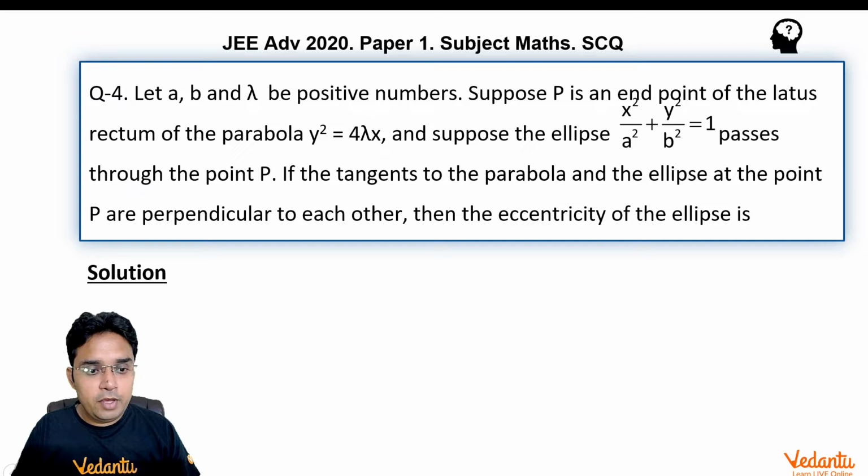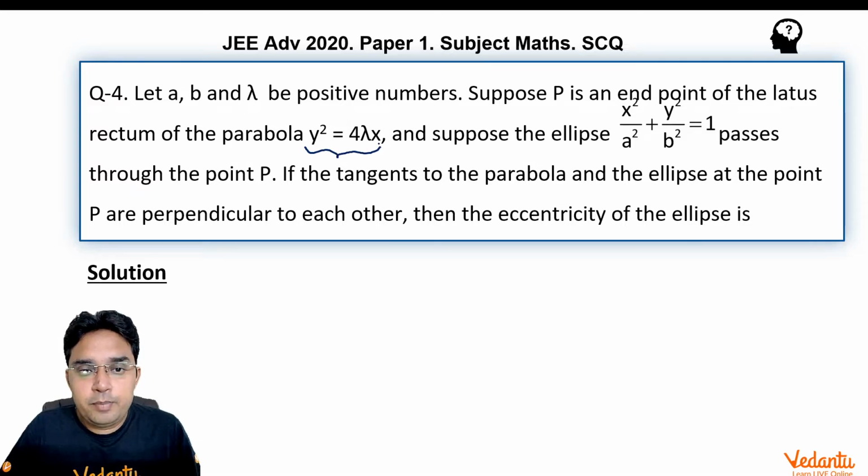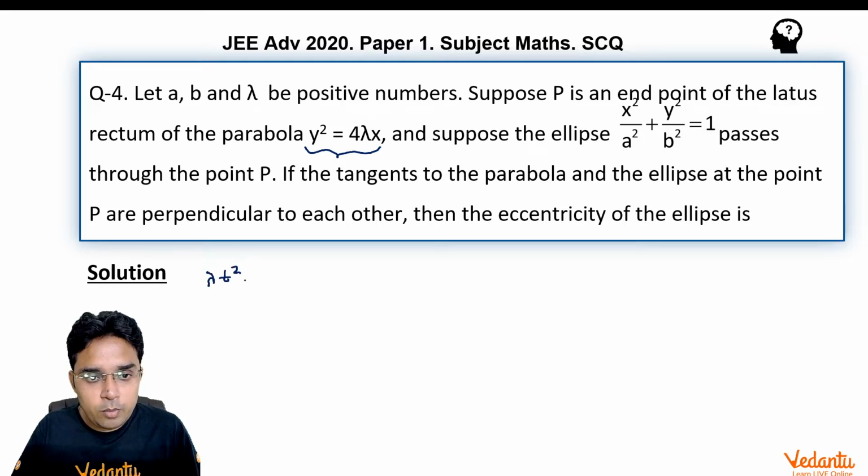First of all, if you notice, the equation of parabola is just a standard one. We have done such things in our 11th class. The parabola used to be y square is equal to 4ax. So here they have just replaced a by lambda. If I take any point in parametric form, it would be lambda t square comma 2 lambda t.